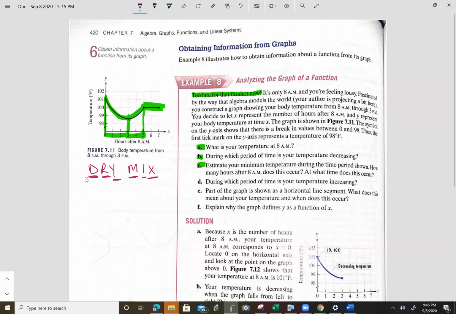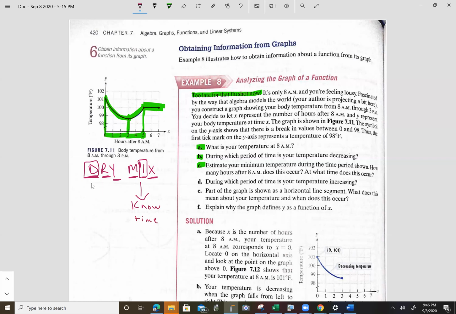Okay, so I think it makes more sense to think about it in terms of D and I, dependent and independent. Your independent, I usually say, is what you know, what time it is, right?